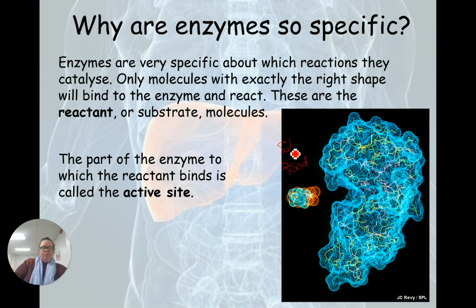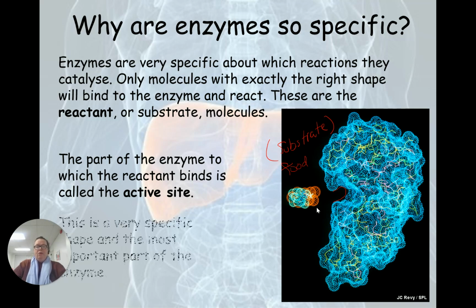Posh name, substrate. Just make sure that's a B there, substrate. Okay. So this piece of food will fit directly into this enzyme, and this bit is the active site. The bit that is the same shape as this, they will fit in. Okay, so different enzymes have different shapes, so they will fit different substrates or different food molecules.